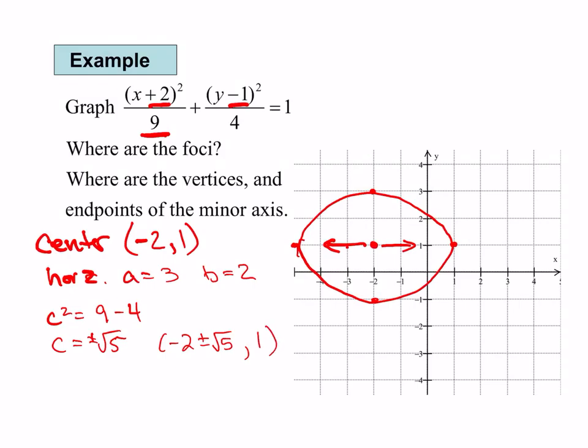And you don't have to do the two numbers because the square root of 5 is some lovely decimal. But for the vertices and the endpoints of the minor axis, these 4 points, we do have to come up with the actual points. So those would be at negative 5, 1, 1, 1, and negative 2, negative 1, and negative 2, 3.